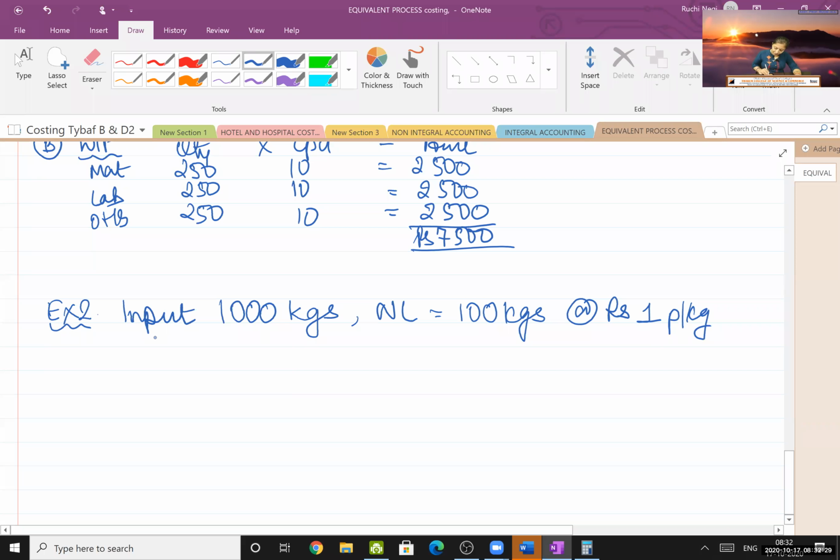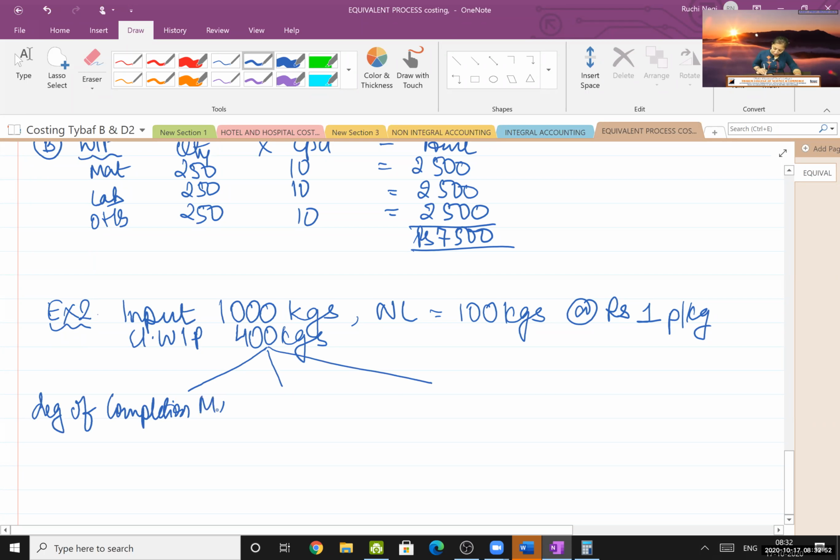Then closing WIP 400 kgs, degree of completion: you have material, labor, overheads.